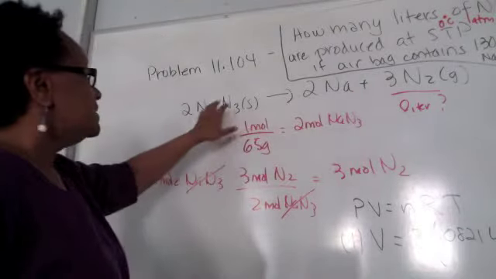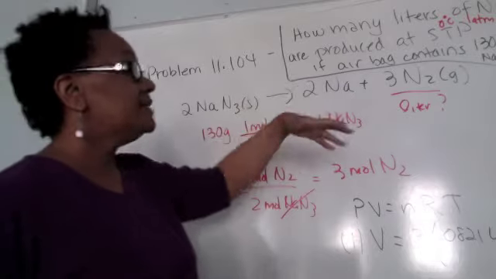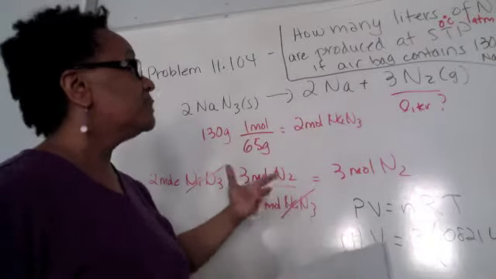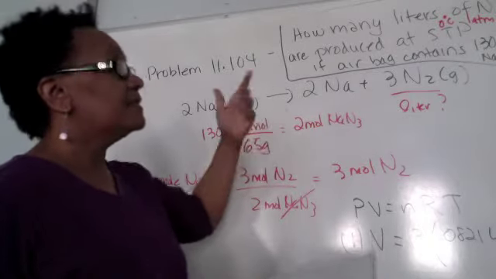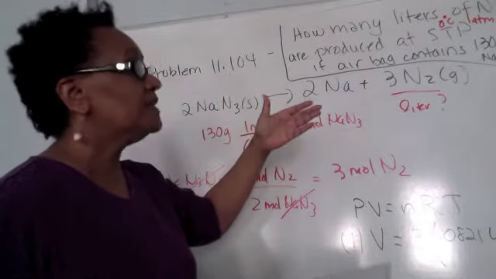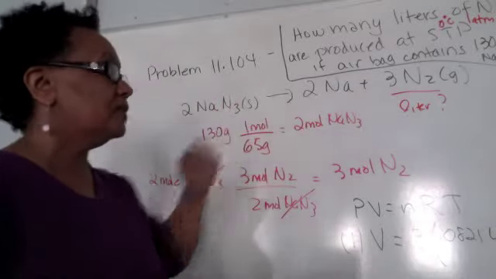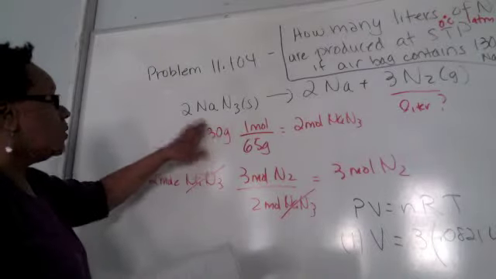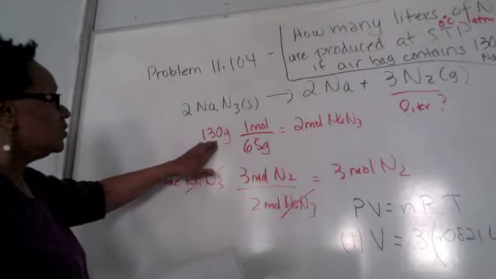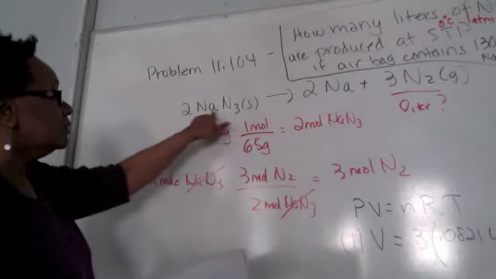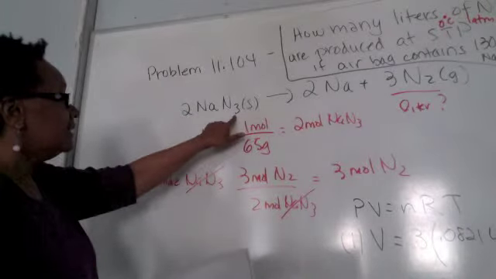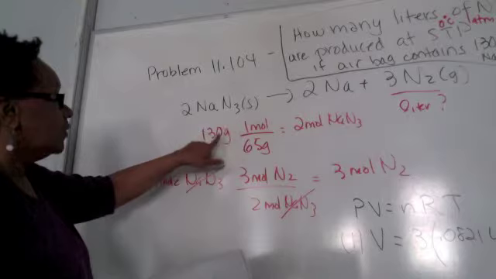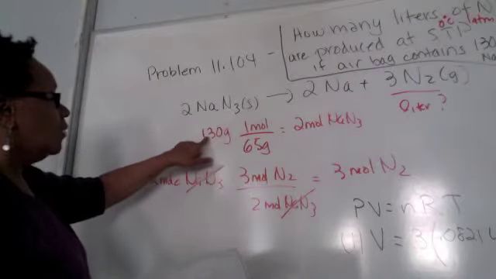So evidently, this reaction is taking place in a container that can expand to a certain volume at a certain temperature, 0 degrees Celsius, and a pressure of 1 atmosphere. Okay, so to figure out how many moles, you've got to figure out how many moles of this and do stoichiometry. I calculate the molar mass of sodium nitride, or sodium azide, the common name.